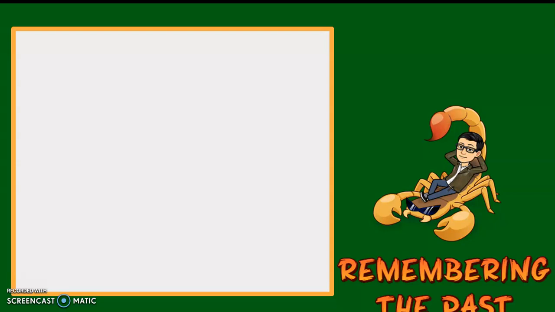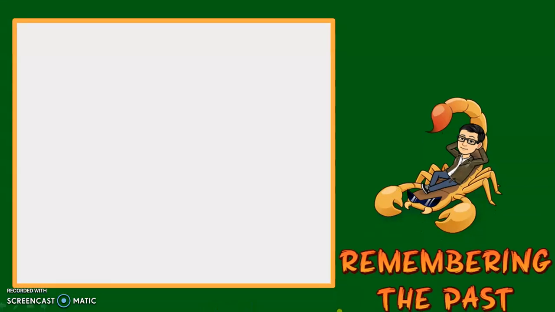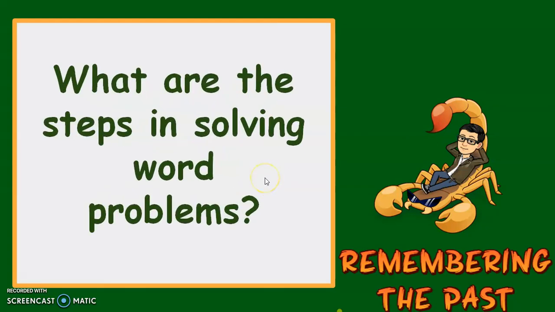So before we continue, let us recall what we did in our previous lesson. The first question is, what are the steps in solving word problems? Can you still remember? The first one is we have illustration.